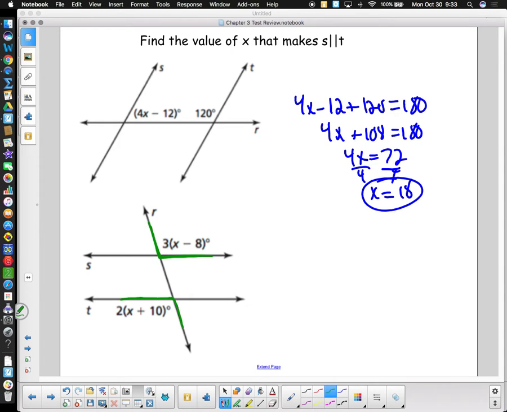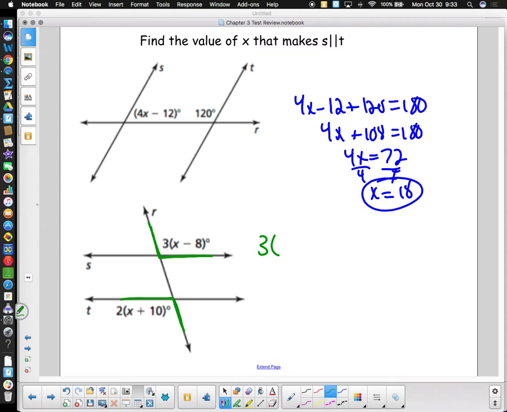And this angle is obtuse. Am I going to add two obtuse angles together and add up to 180? Obviously not. I can't add a number bigger than 90 to the same number and wind up with 180. It's just not possible. So therefore, they better be congruent, which means I'm going to set those two expressions equal.